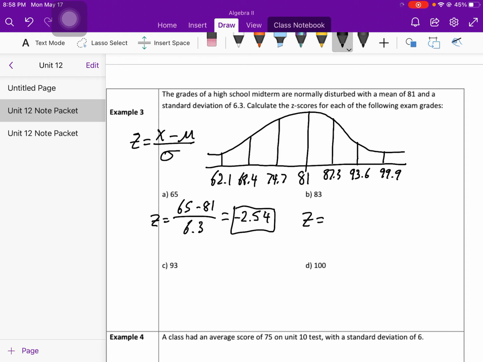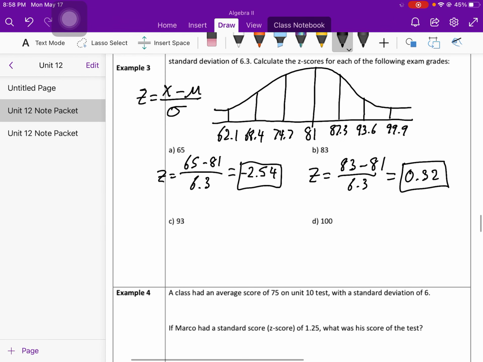This one is going to be 83 minus 81 divided by 6.3, which is about 0.32. I'm just not going to go through the calculator part and make this any longer than it needs to be.